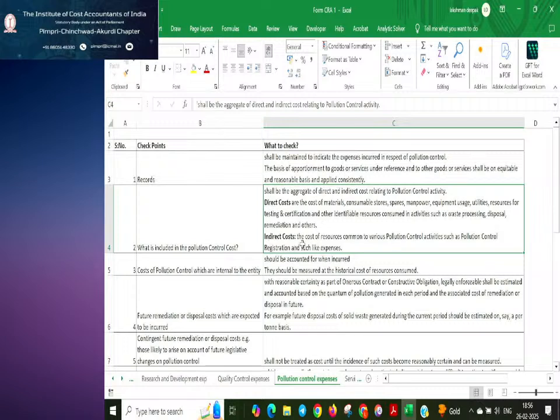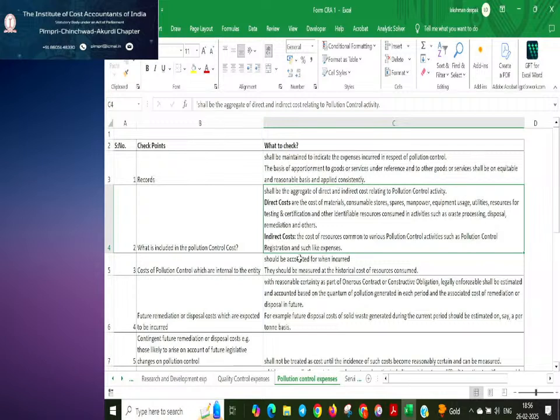There could be indirect cost, such as pollution control registration and such like expenses. So one time you have to do this registration, right? It is an indirect cost. It's not incurred every time, but you have to register once, right? So sometimes a question might be asked: pollution control registration fees has been paid.